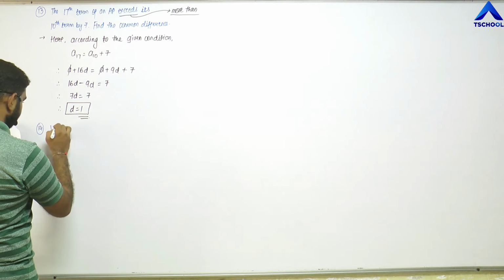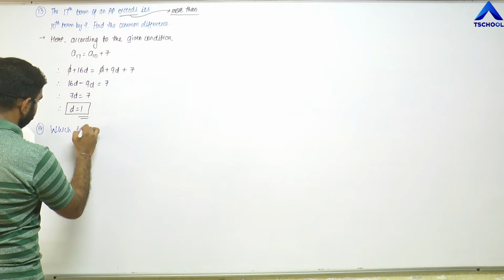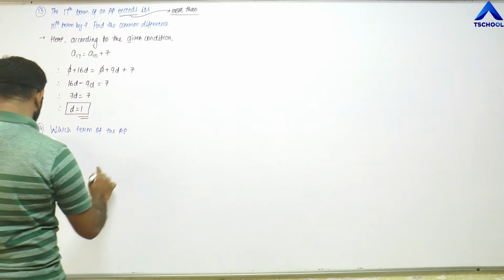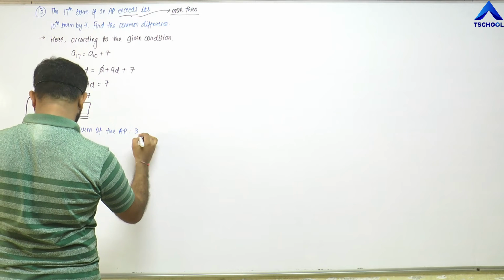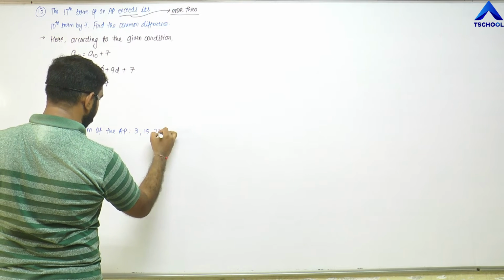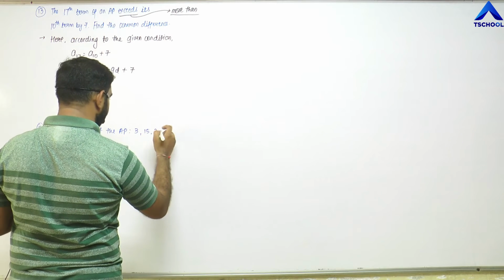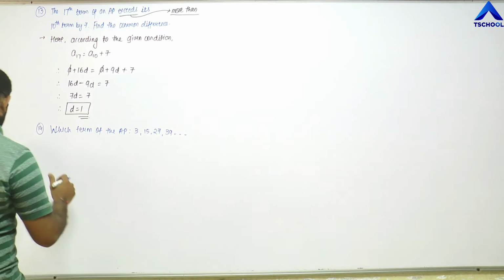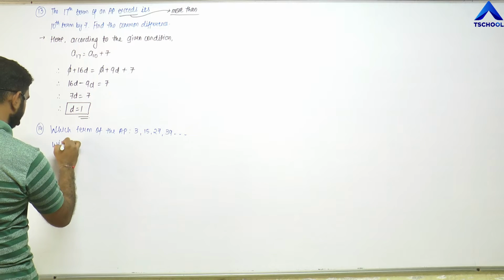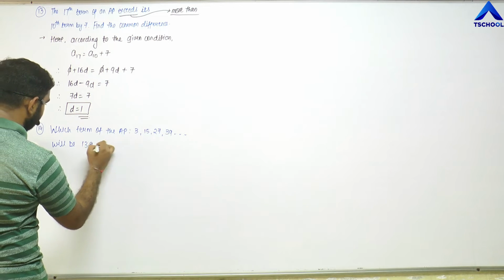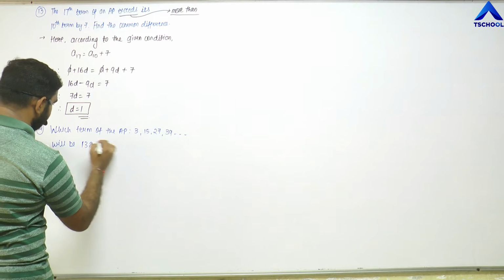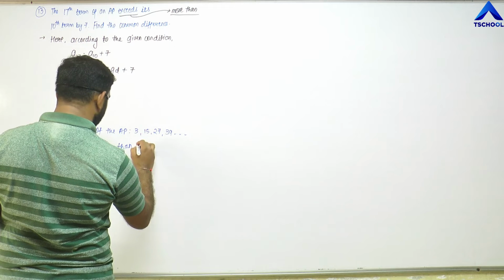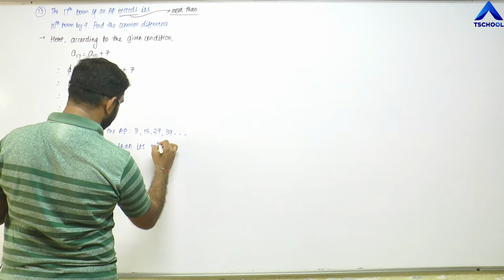Which term of the AP 3, 15, 27, 39 and so on is 132 more than its 54th term?